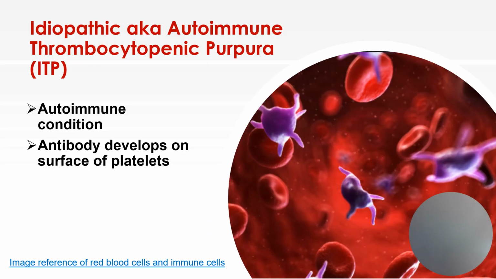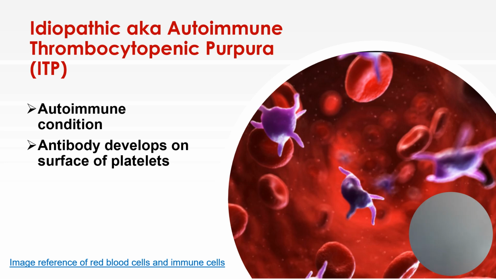So now let's look at the idiopathic, also known as autoimmune thrombocytopenic purpura, or ITP, or ATP. This is an autoimmune condition. It involves a destructive reduction of circulating platelets with a normal platelet production. It is, like I said, considered an autoimmune condition.